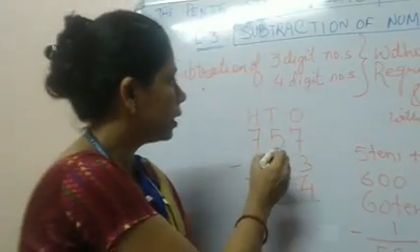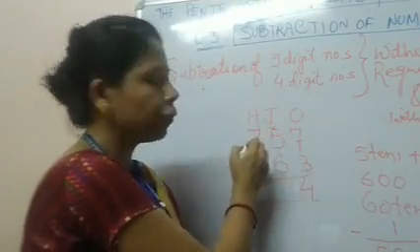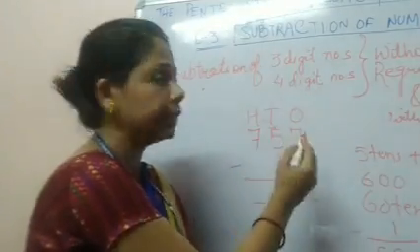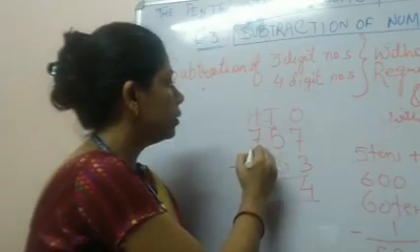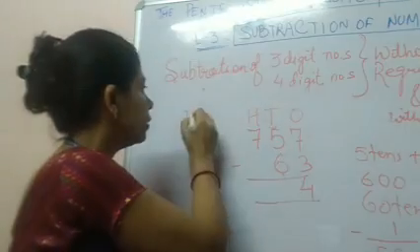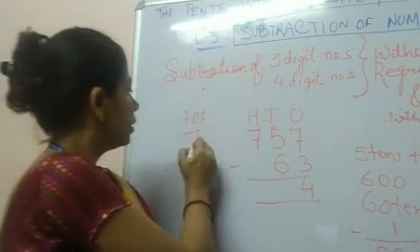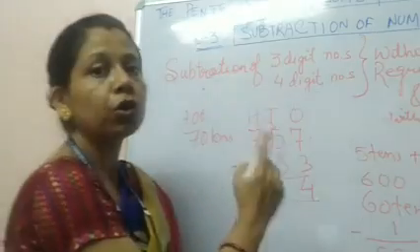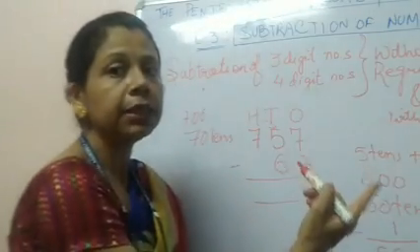So this will borrow 1 from 7. Okay, so it is borrowing actually 1 tens. So this is actually 700. So 700 is 70 tens. So it is borrowing 1 tens. 1 tens means 10.